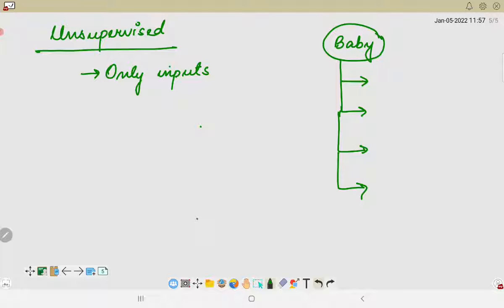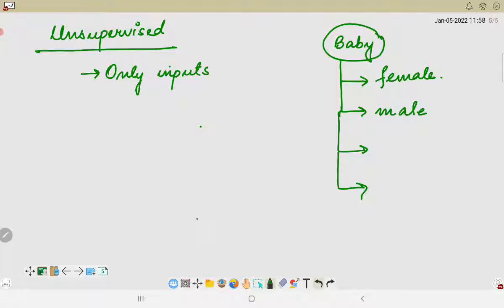That means suppose a person has long hair and that person is dressing like that of a woman, then the baby will be categorizing it into female. Okay, similarly some people with short hair and dressing like men, the baby will be categorizing them into males.